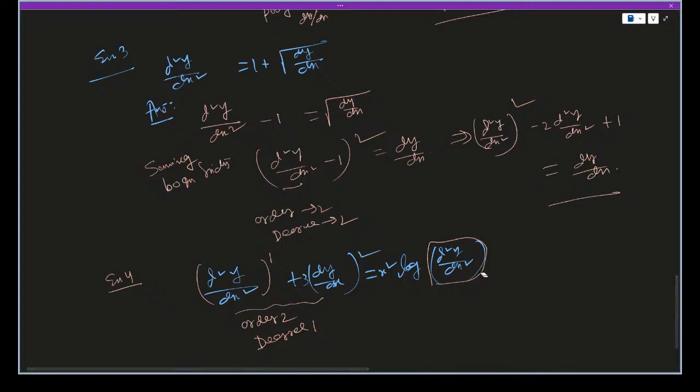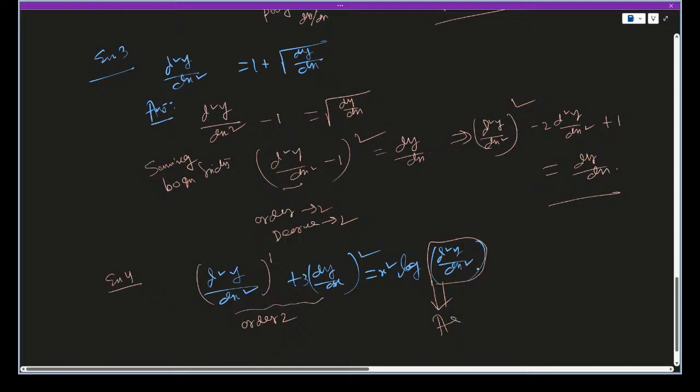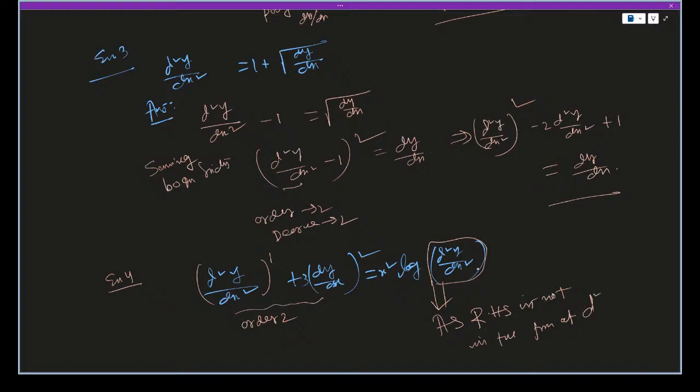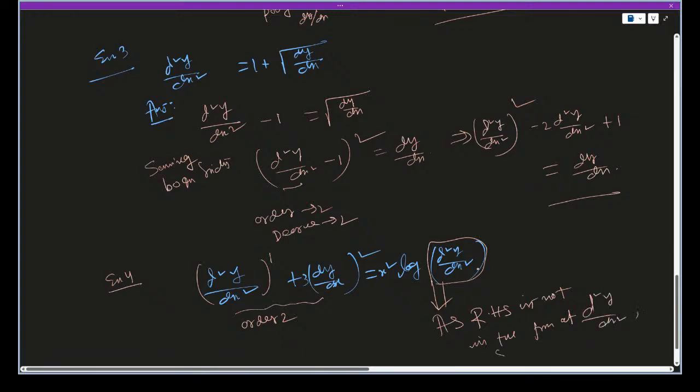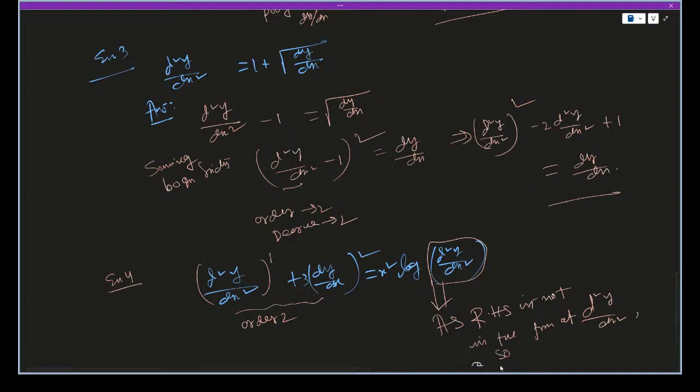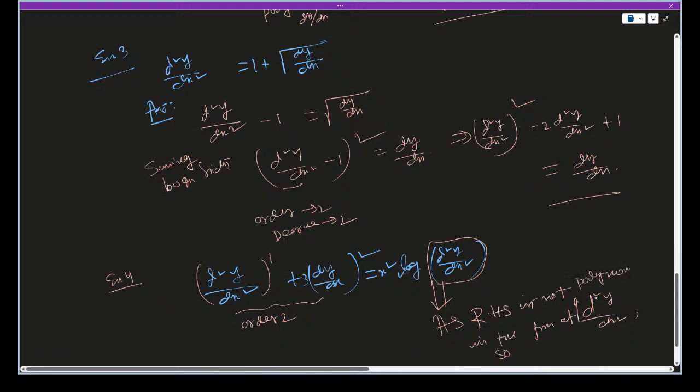Similarly for order, everyone say 2. But as we cannot express the RHS in the form of a polynomial in d square y by dx square, degree is not defined.